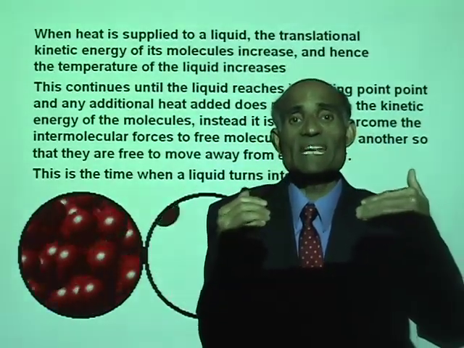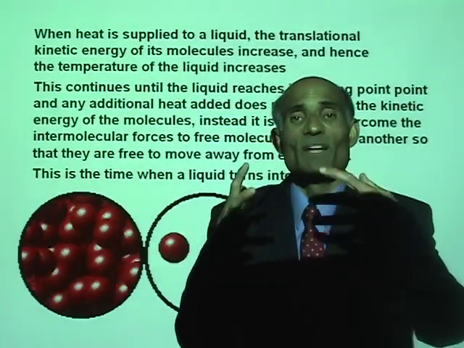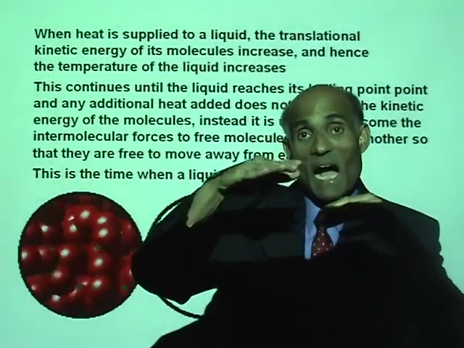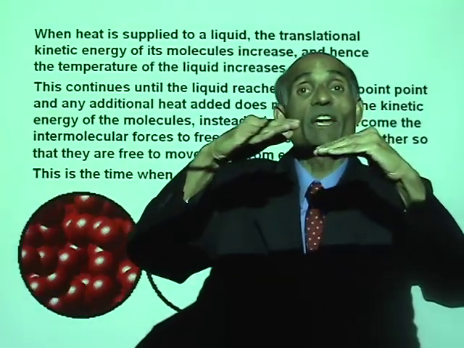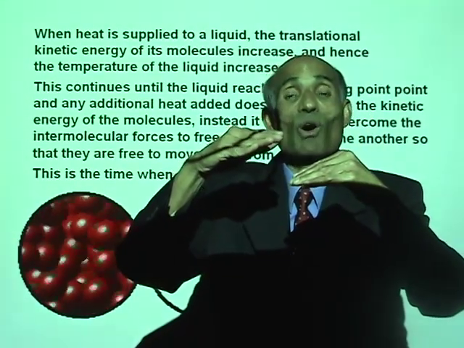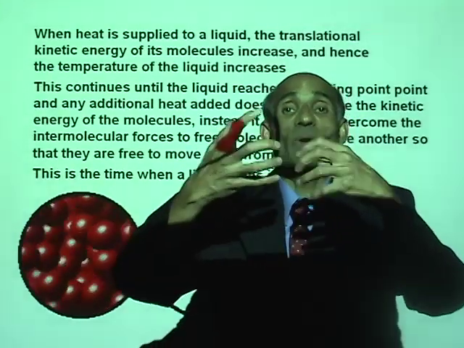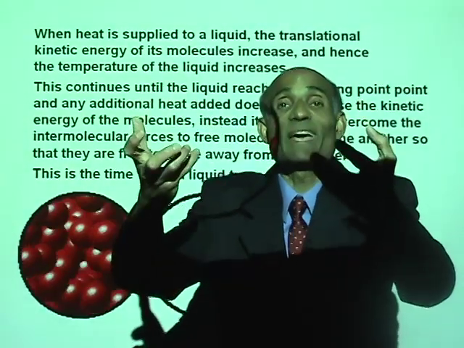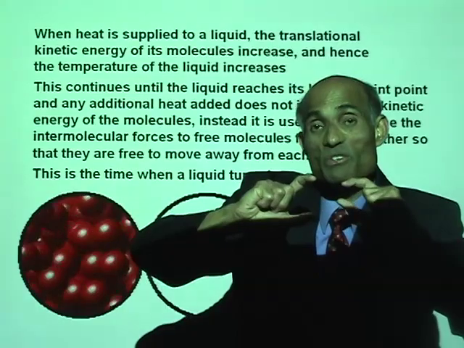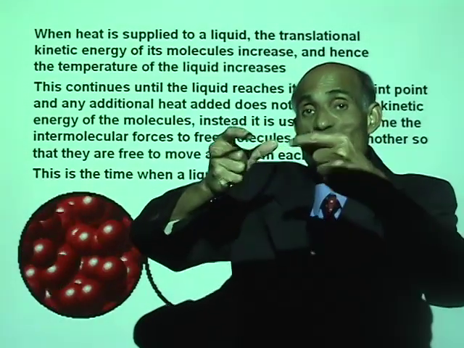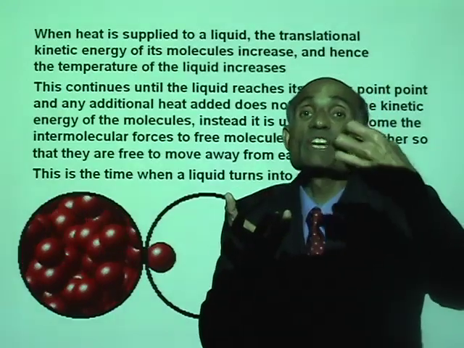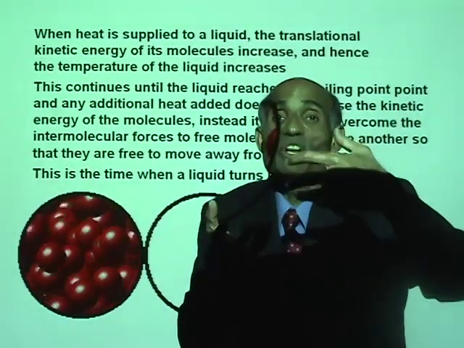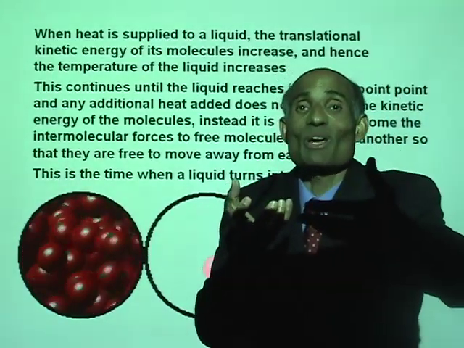When a solid is heated, at the melting point, the molecules do not gain kinetic energy anymore. The extra energy supplied will increase the potential energy. So during a change of state, when a solid changes to a liquid, the additional heat supplied will not increase the temperature. It increases the potential energy of the molecules.